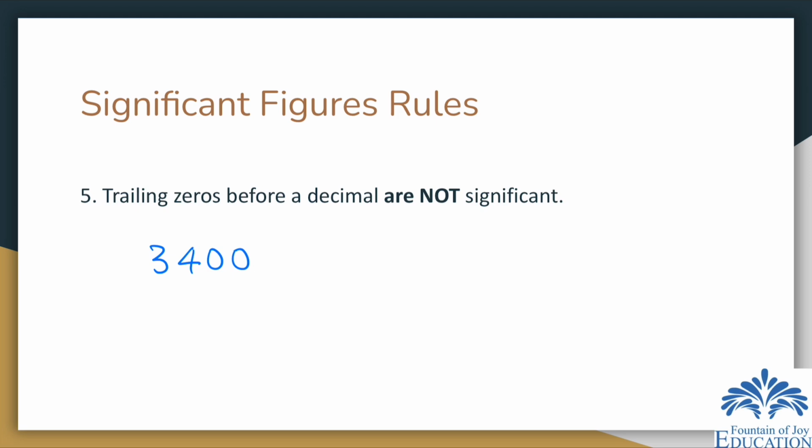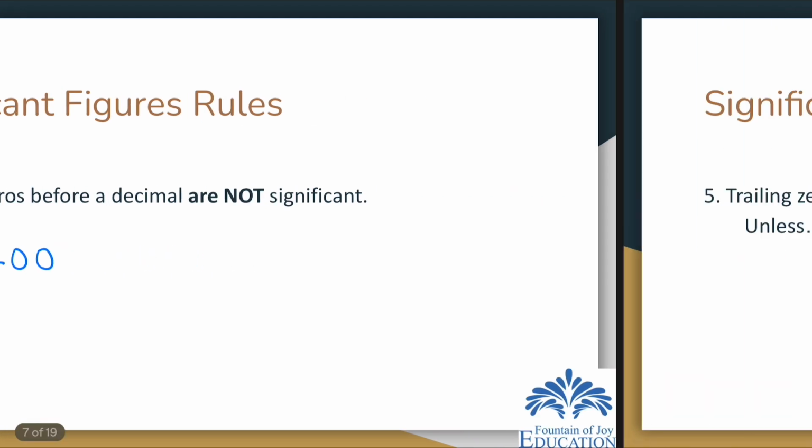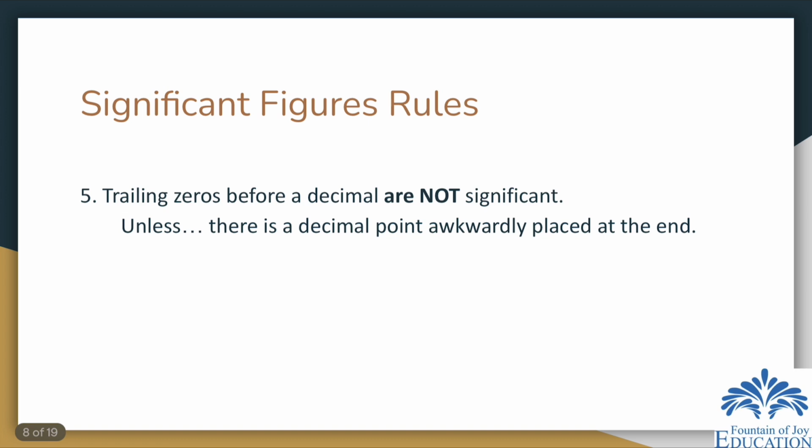However, there is an exception to this particular rule. If there is a decimal point placed at the very end, then those zeros will count as significant. I'll use the same number here.